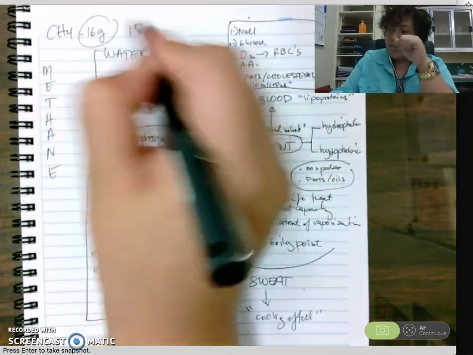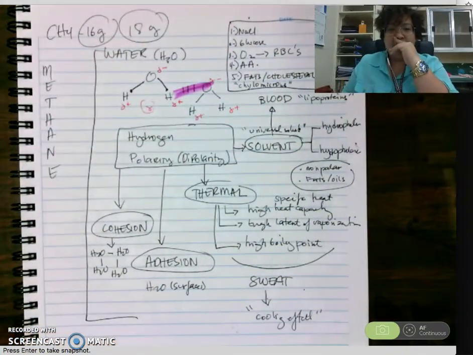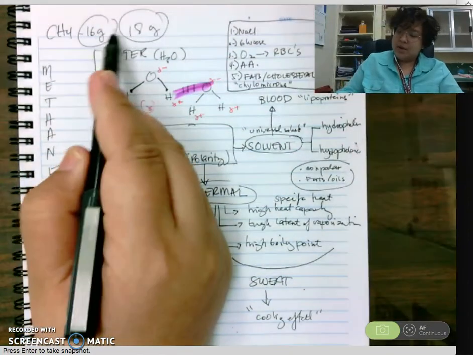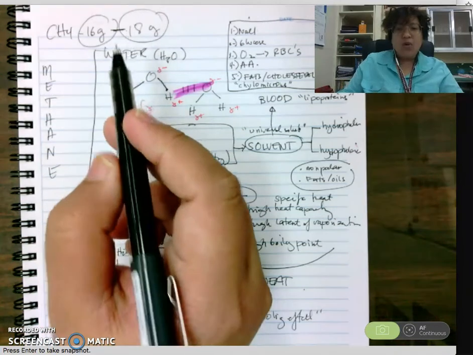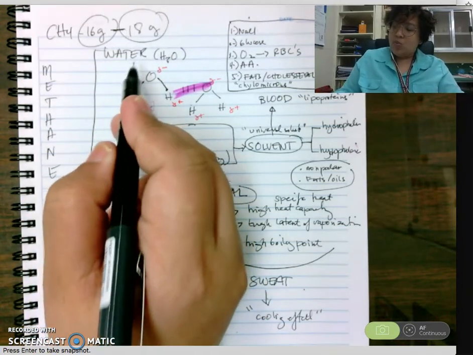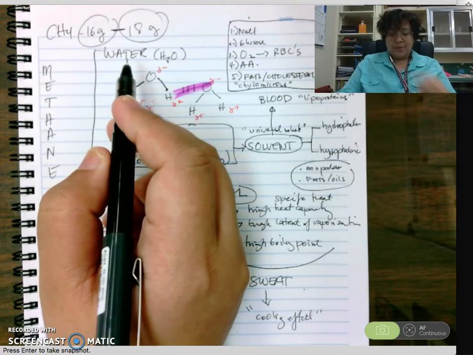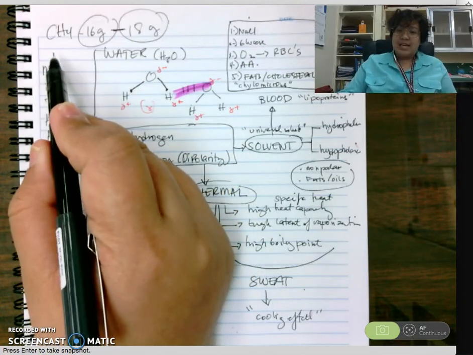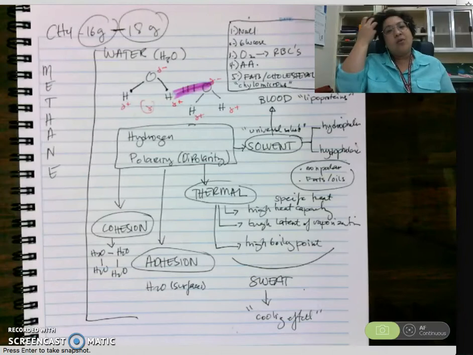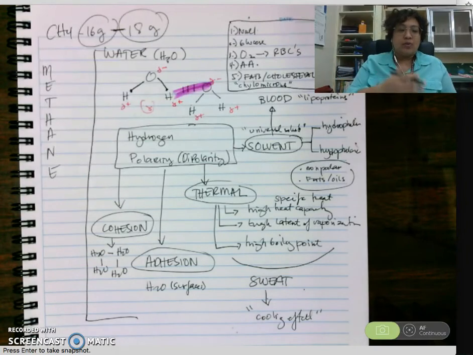So if you look at the molar mass of methane and water, it's similar in mass. However, you will wonder, water is liquid in room temperature, but methane is gas in room temperature. Now, how is one gas, or how is one liquid, even if they have almost the same molecular weight?